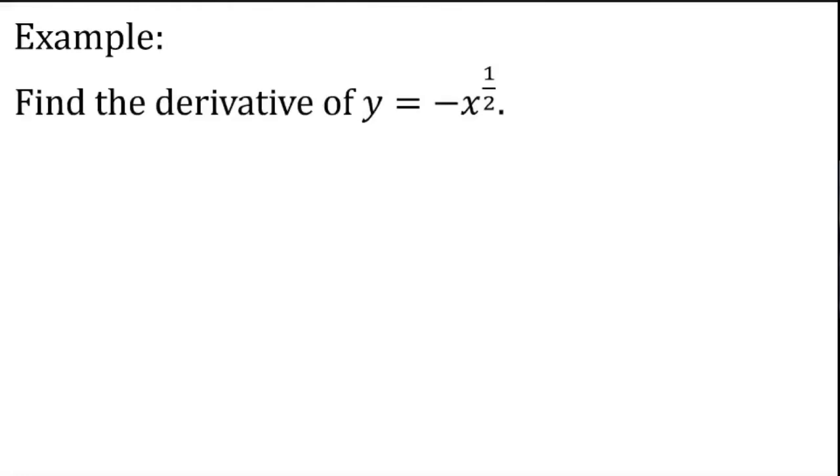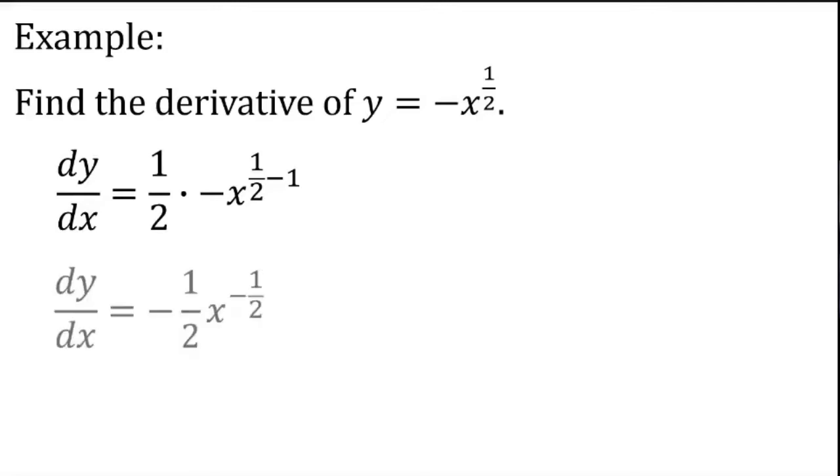So another example, find the derivative of y equals negative x raised to 1 half. So dy over dx is equal to 1 half times negative x raised to 1 half minus 1. So dy over dx equals negative 1 half x raised to negative 1 half.